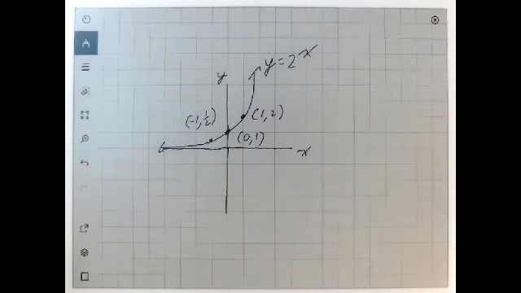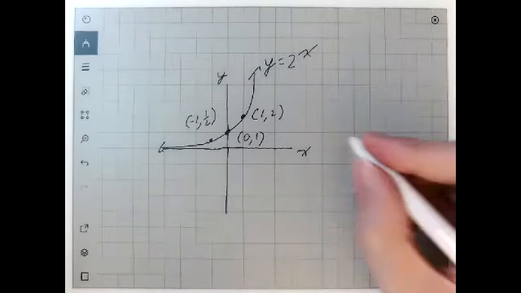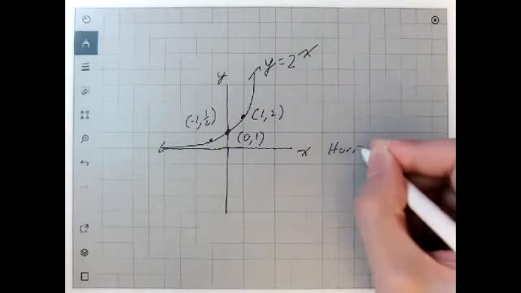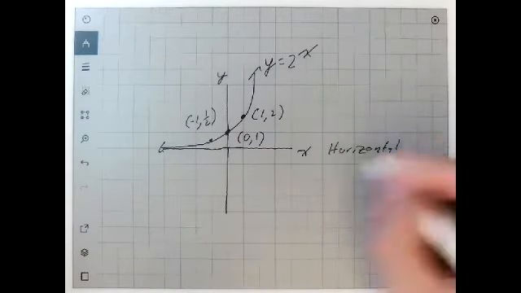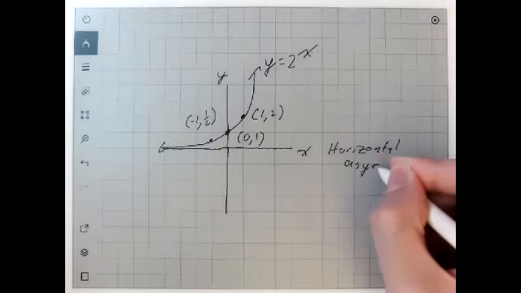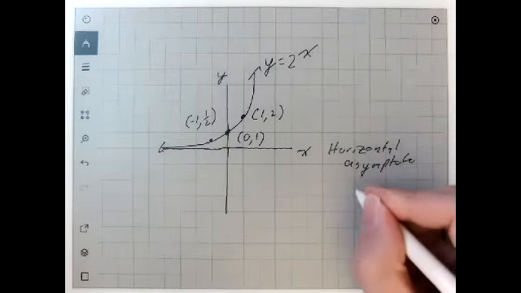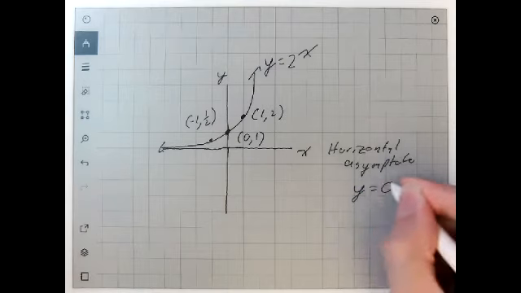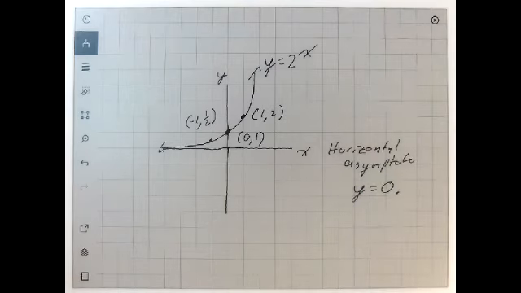So here's the picture of y equals 2 to the x. And we'll have a horizontal asymptote at y equals 0.